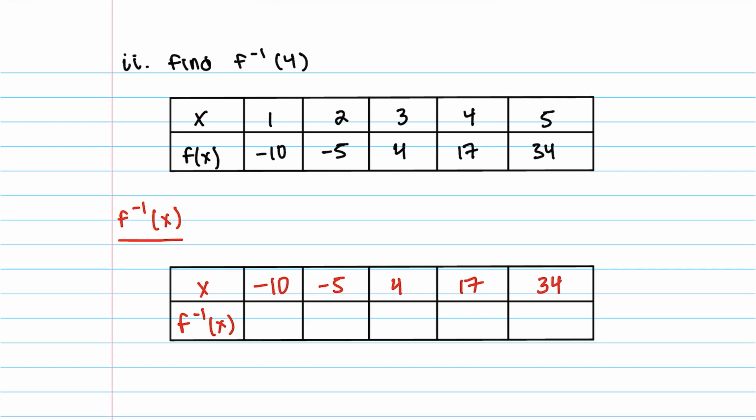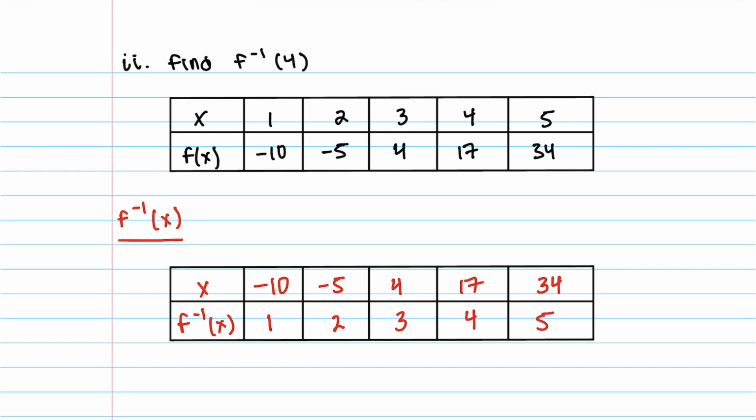And so remember that our input for our original f of x function is going to be converted into our output for our inverse f of x function. And so since our input for our original f of x function is 1, 2, 3, 4, and 5, for our inverse f of x function, our output is going to be 1, 2, 3, 4, and 5.